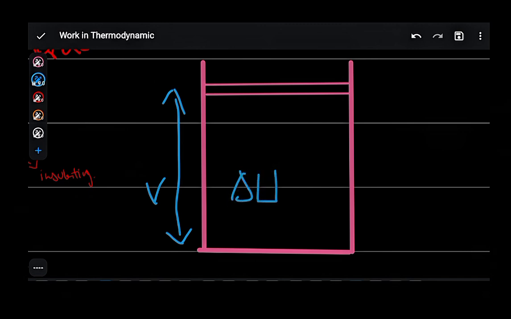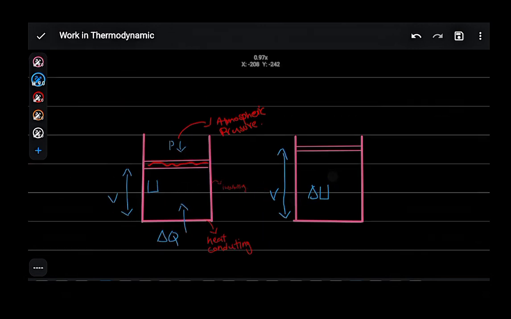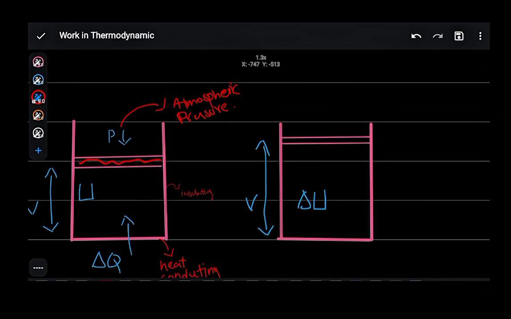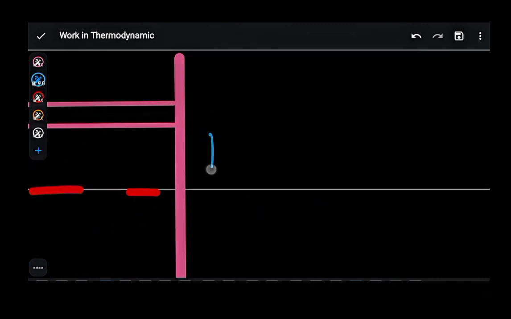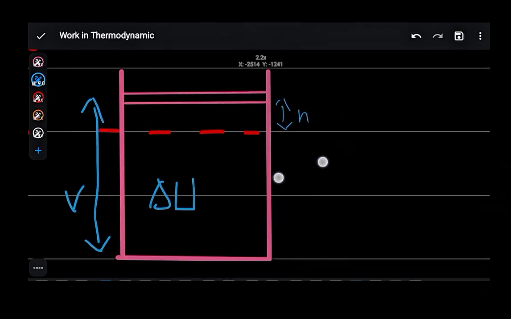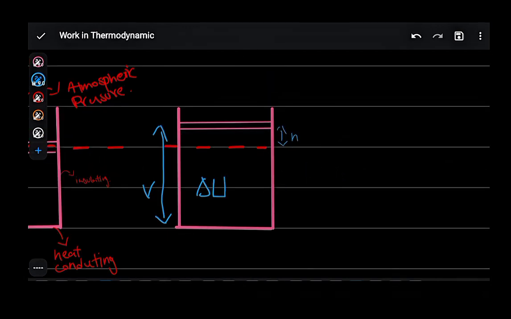As you can see, this was our previous piston, and it has also increased in height, as I have provided heat to the cylinder.